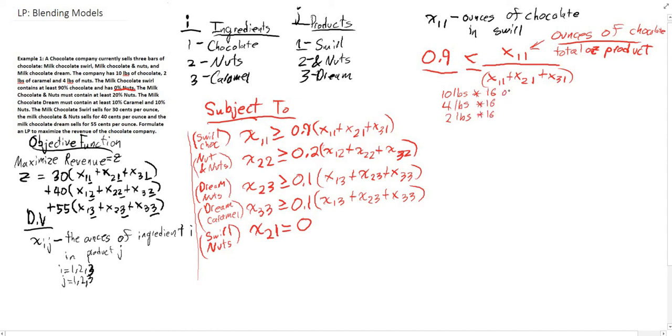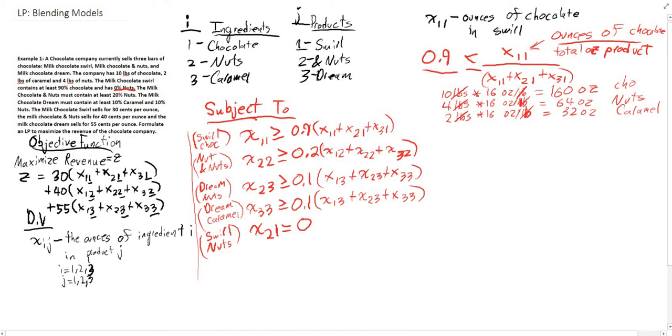The way we're going to do that is ounces per pound, which is going to get rid of your pounds. So we know we have 160 ounces of chocolate, 64 ounces of nuts, and 32 ounces of caramel.